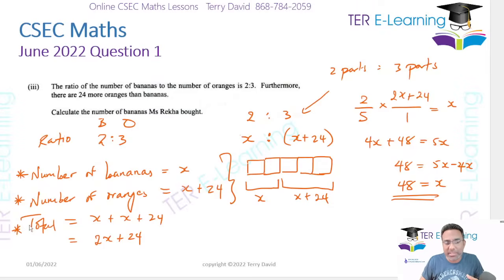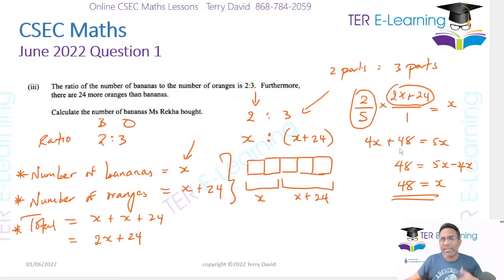So the total number of bananas and oranges will be X plus X plus 24, which is 2X plus 24, right? Now, what I do know is that the ratio is 2 to 3. So if I look at oranges, it means that if I take 2/5 and multiply by the total number of oranges and bananas, the number that I should get should be this.